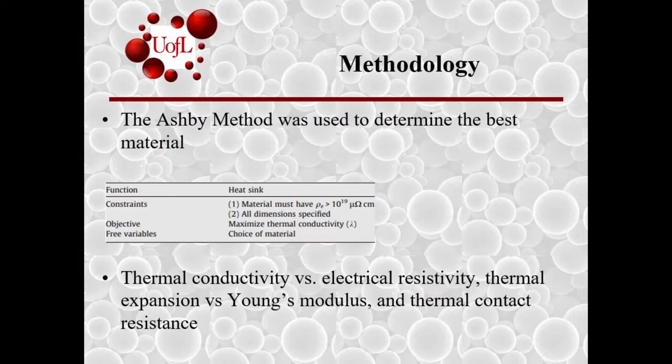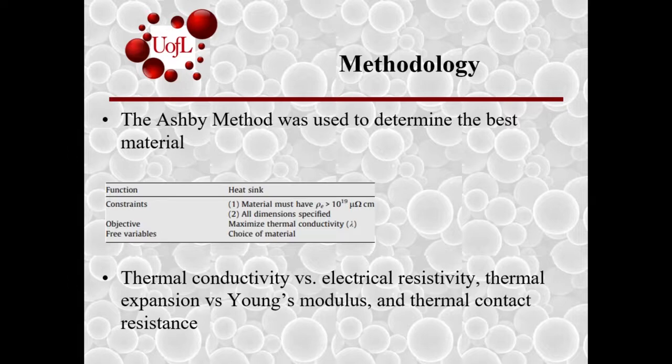The Ashby method was used to determine the material, and the constraints used for that method were they needed a material that was going to have high electrical resistivity, and there were dimensional constraints as well.